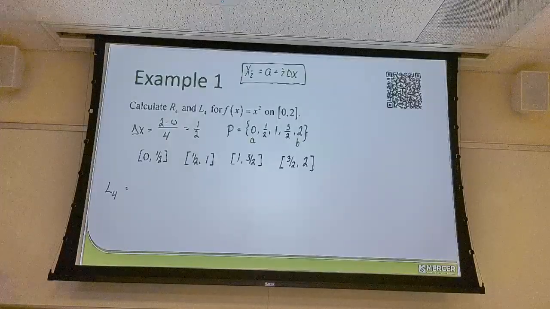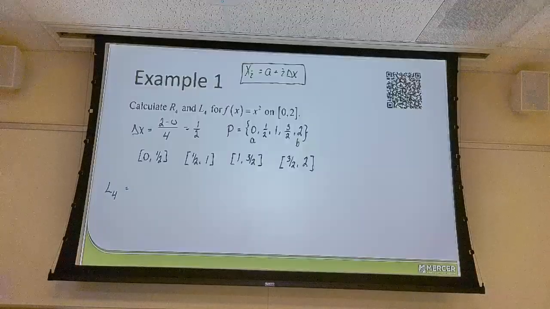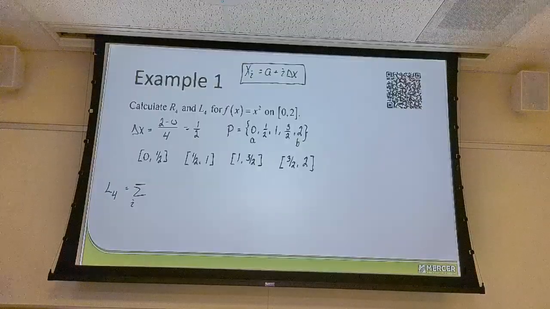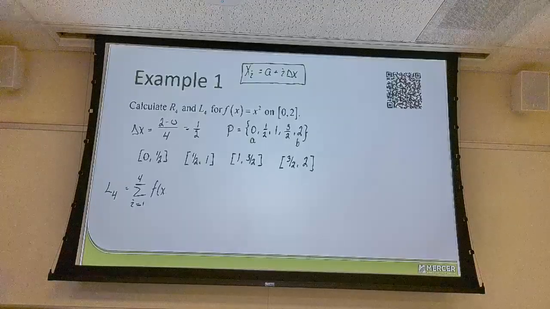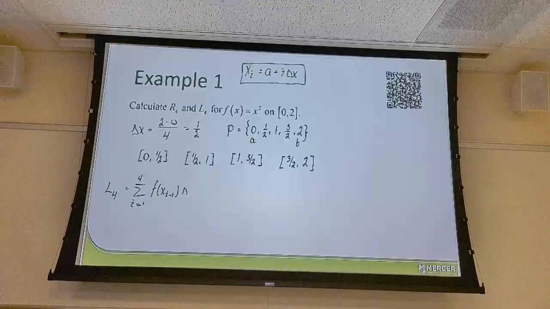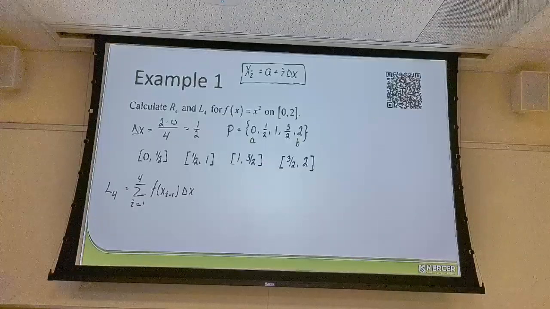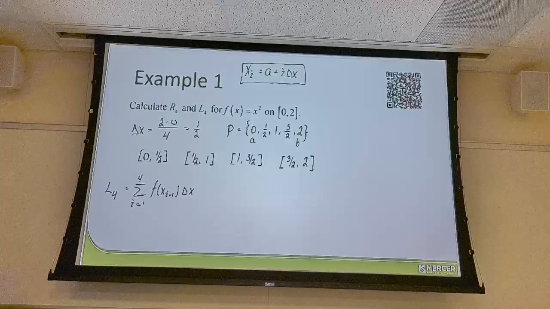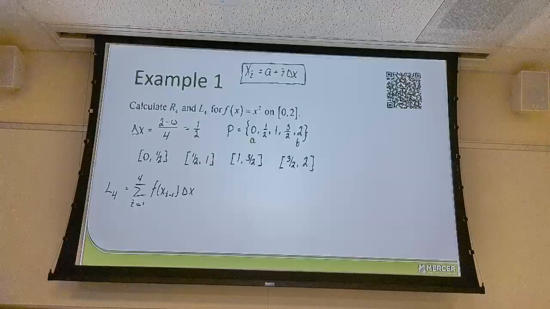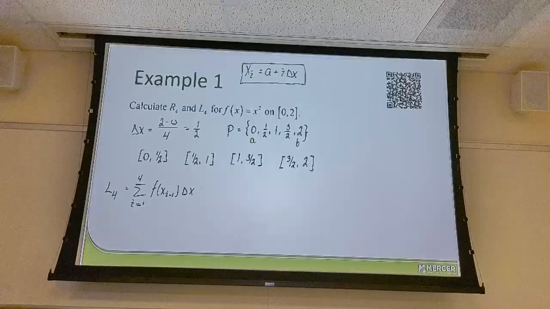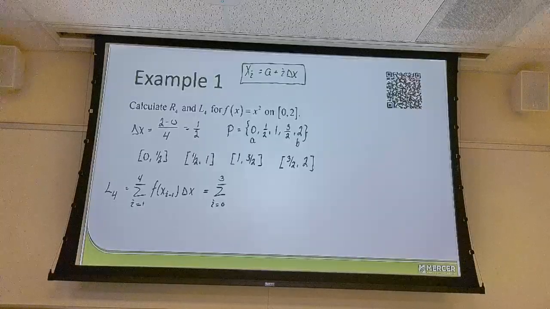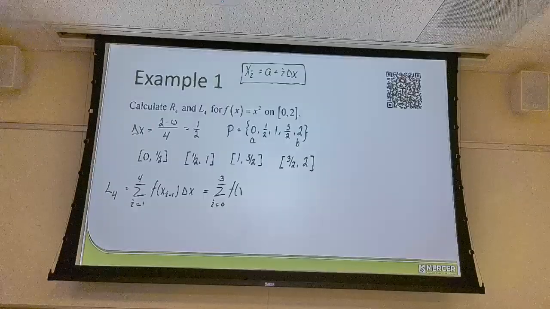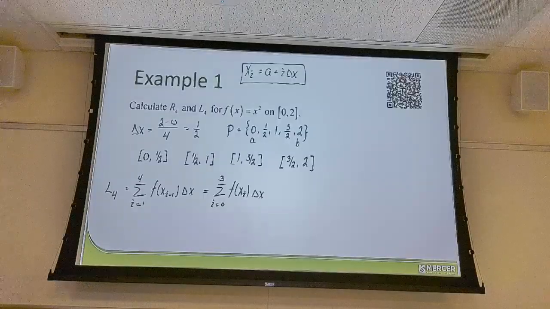L4. Was that right? Isn't it just the same as that?